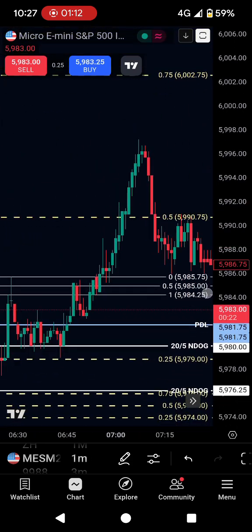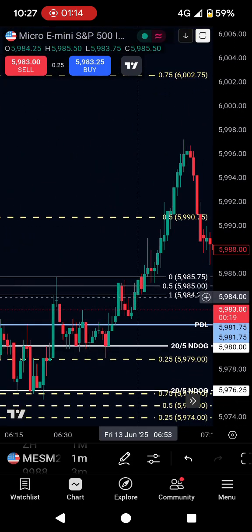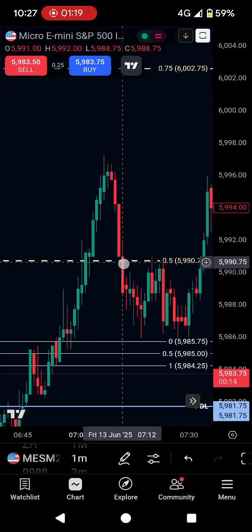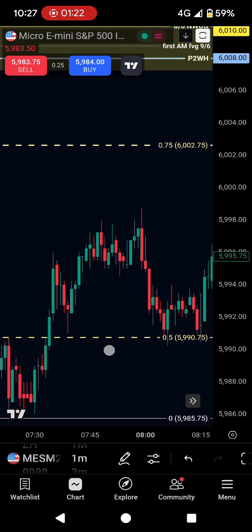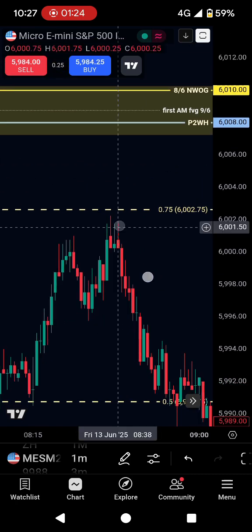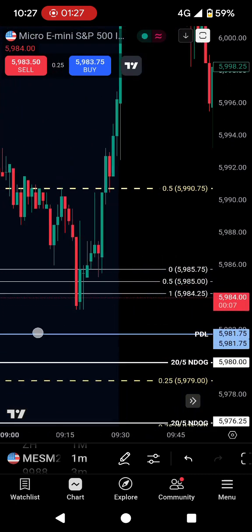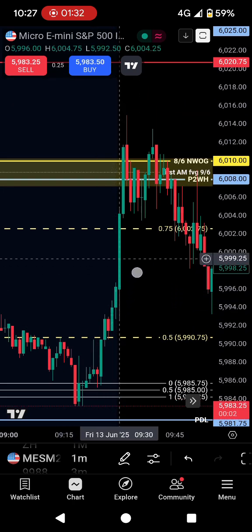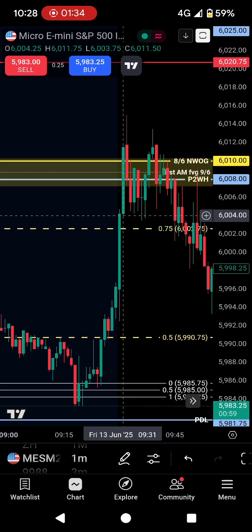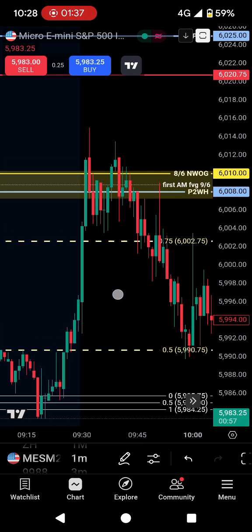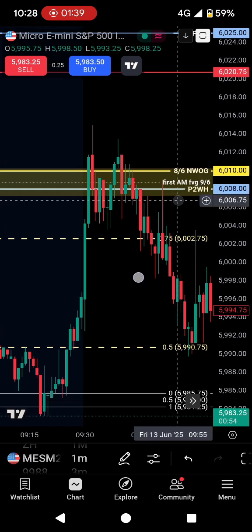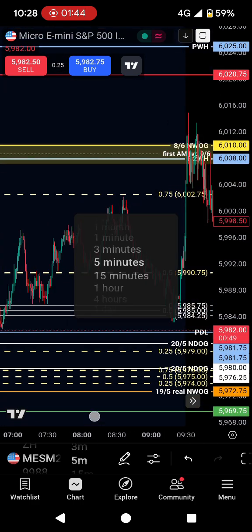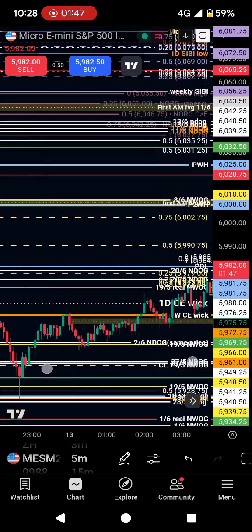As you can see, later on during the 650 macro we reached the CE of the 1 hour CB, and now slowly plunging up to the upper quadrant, and now coming back down and blasting up again at the 930 mark, back to Monday's first AM fair value gap. And yeah, basically let's go to the 5-minute chart and see how they did the price.